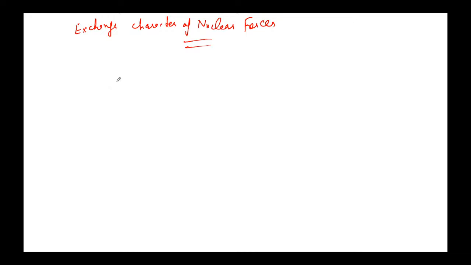For the multi-body problem, we have to deal with certain quantitative aspects of nuclear forces. These become important when we are not taking a two body problem but a multi-body problem. Now what are the two aspects which we will generally consider?